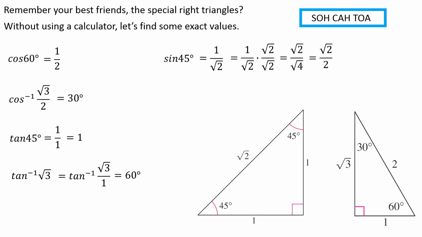Did we ever do an inverse function of sine? Where am I if the inverse function of sine is 1/2? I want the inverse function of sine 1/2. What angle are we talking about? Where are we if the opposite is 1 and the hypotenuse is 2?